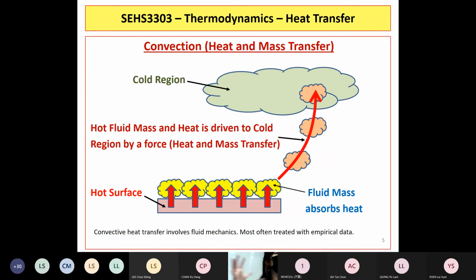Because we have the movement of fluid. So we may say convection is a combination of heat and mass transfer, because without mass transfer, convection cannot happen.